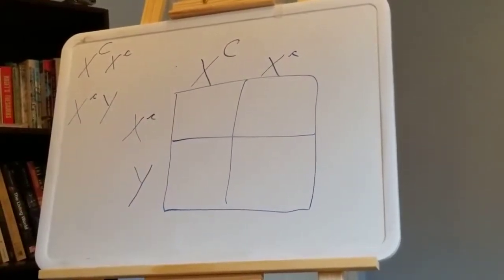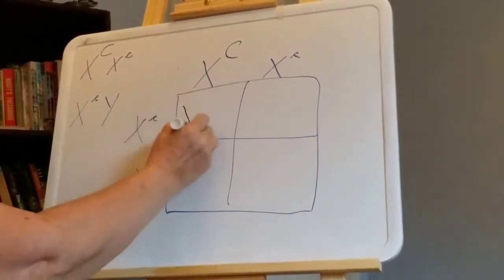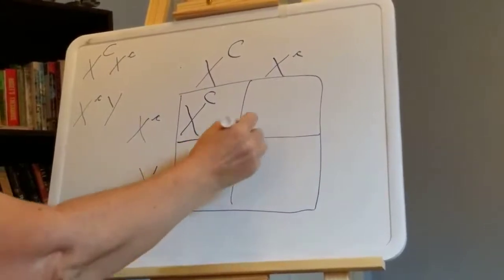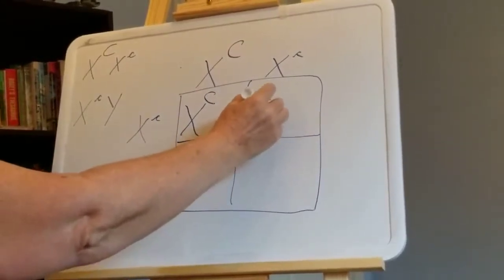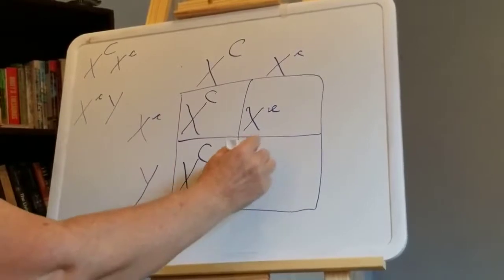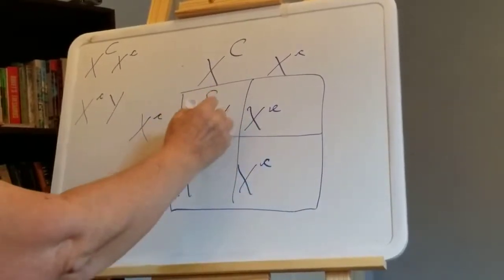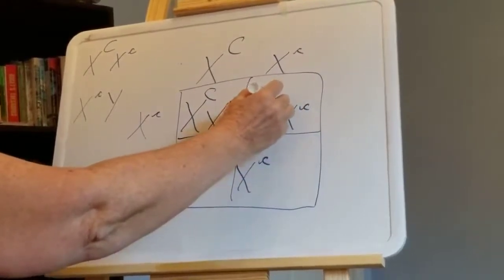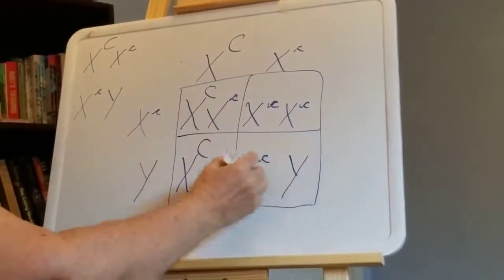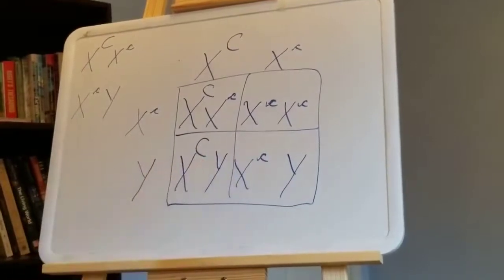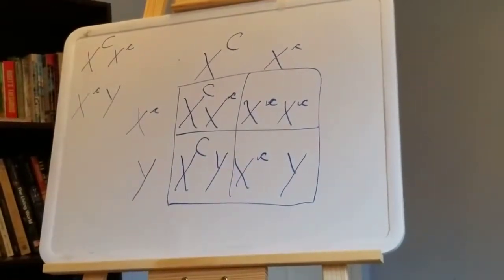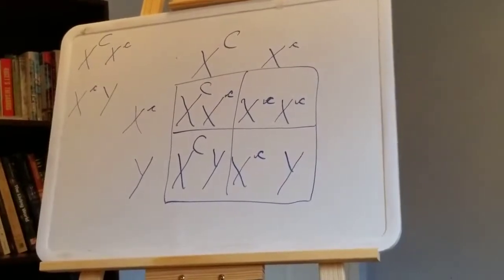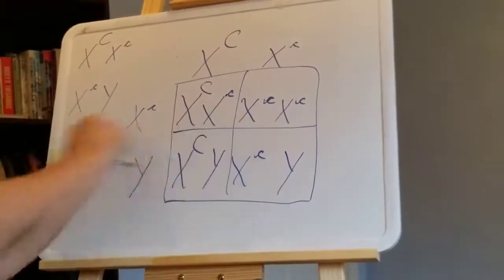So once again, let's bring columns down. And we'll bring those rows across. That's supposed to be a C. So now, if we look at this to predict what the offspring are, XX are females.